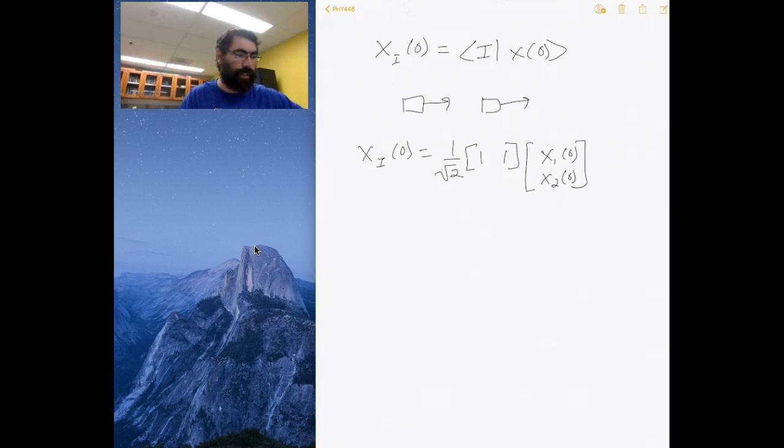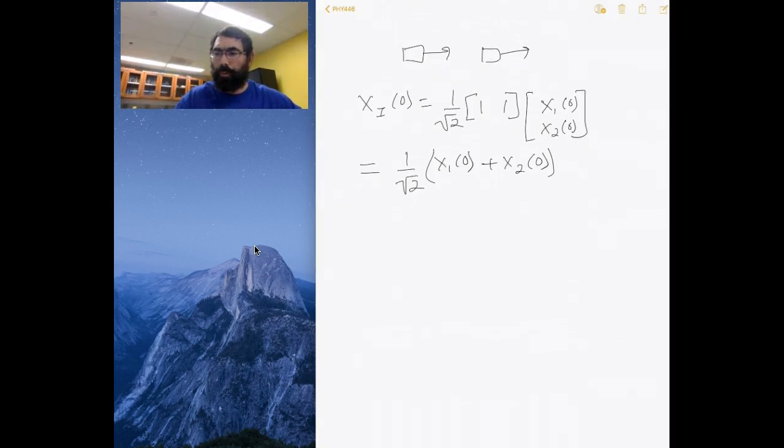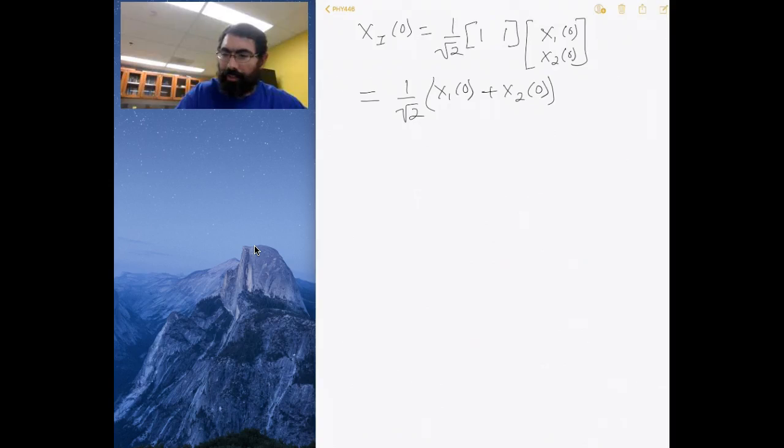And now if I multiply this out, I get 1 over the square root of 2 times the initial position of mass 1 plus the initial position of mass 2, right there.